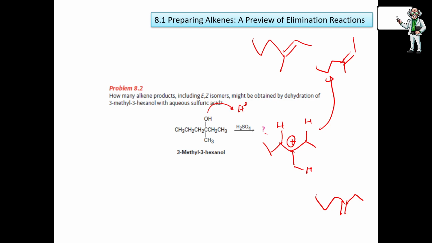And if we eliminate this, what we will get is these two. Okay? That means we can eliminate this carbocation with any hydrogen that is one carbon away from the carbocation. And we have to consider that each elimination can give us the E and Z stereoisomers. Okay?